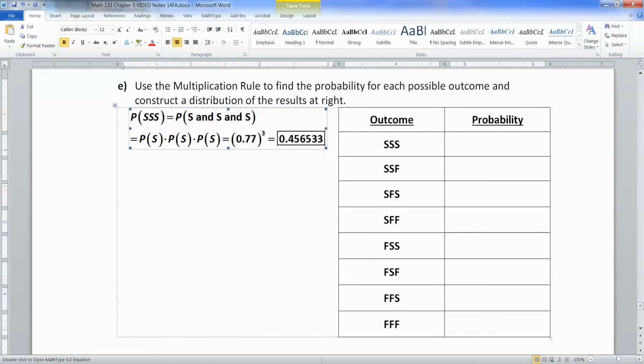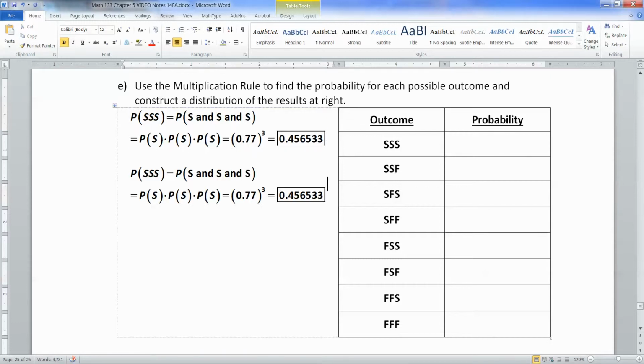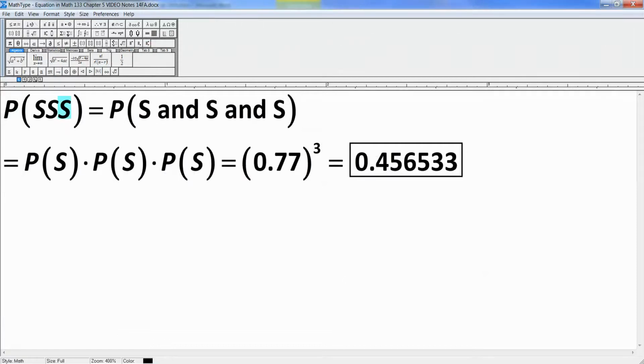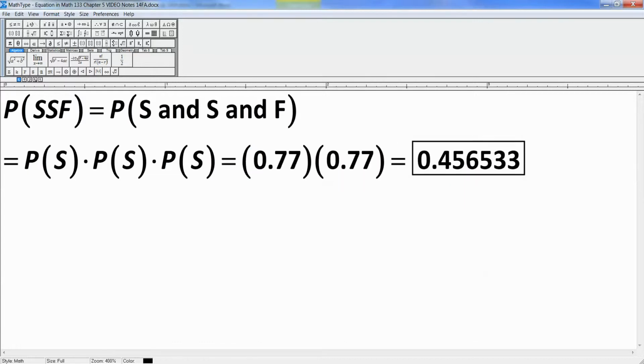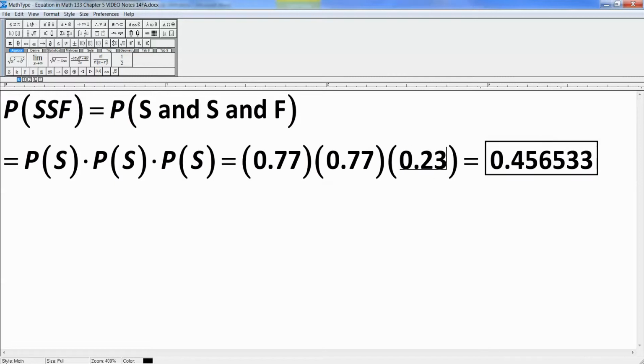Okay, so now we've got to do it all again, but for 2 successes and a failure. So let me do that real quick. Success, success, fail would be: I want a success, then I want a success, then I want a failure. So that means I want 0.77 times 0.77, but this time times 0.23.